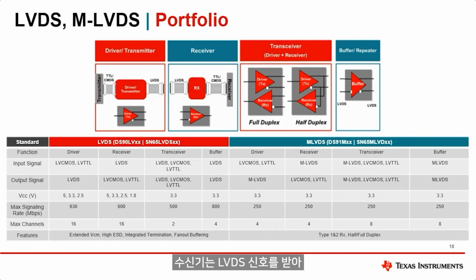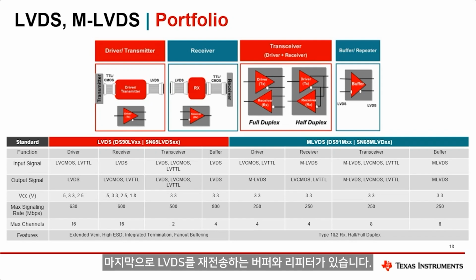A receiver is used to take LVDS signals and translate that back to single-ended. Transceivers consist of a driver and a receiver in the same package, and that comes in both full duplex and half duplex configurations. And then lastly, buffers and repeaters that retransmit LVDS.